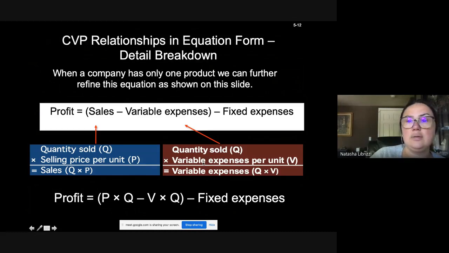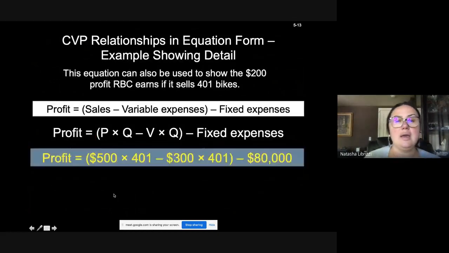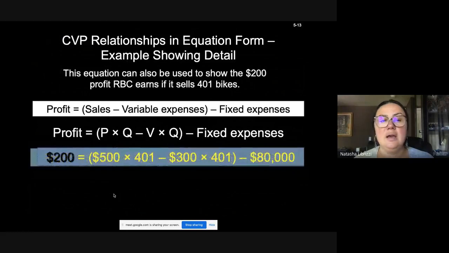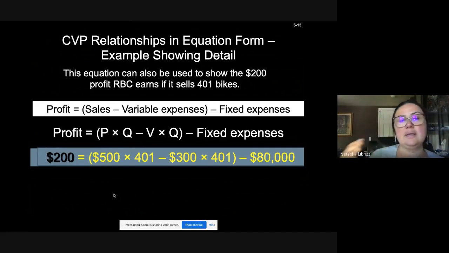We took $300 times 500 units, and that's my total variable cost. So all we did was break this down into the variables. So now we can use this as a formula, and we can see how profit is calculated. In this case, profit, net income, is the same concept.